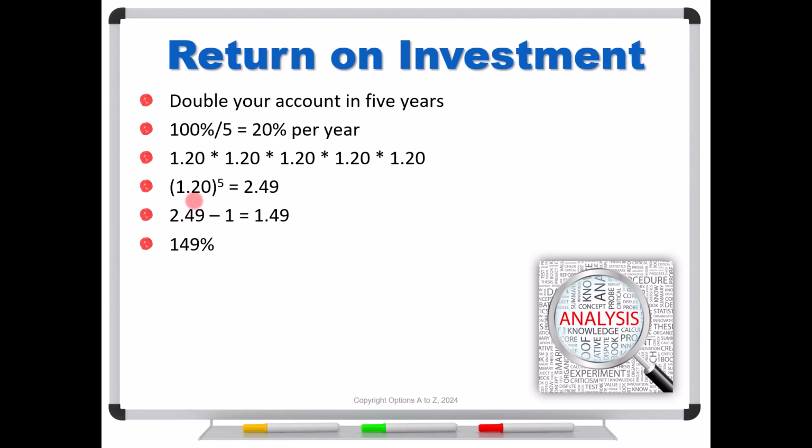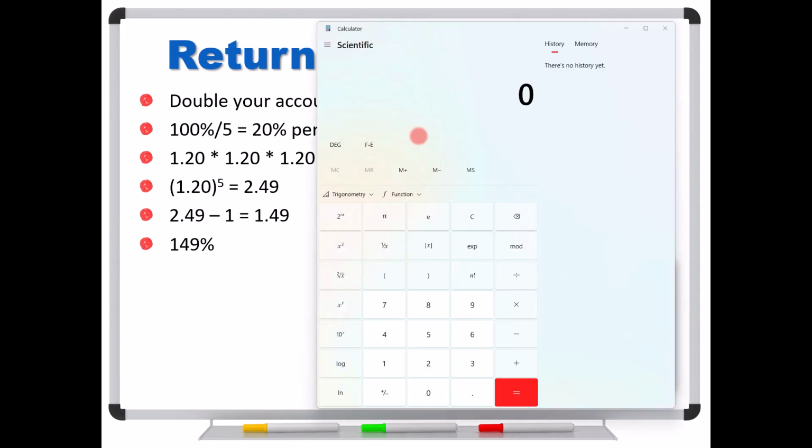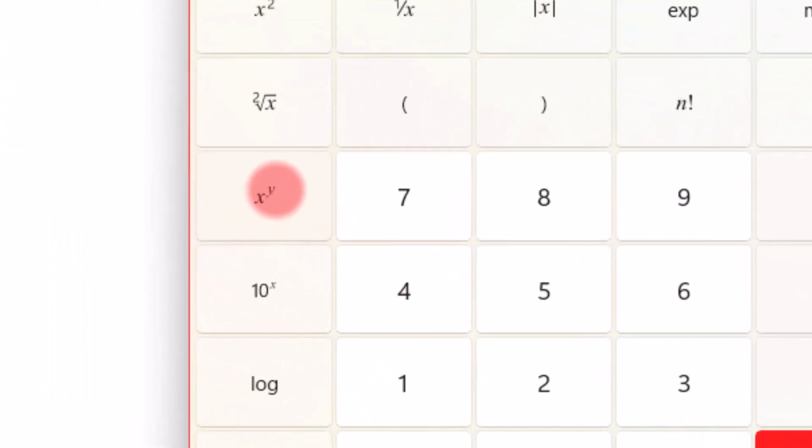So before we go any further, let's take a look at how to do this calculation right here. You can do it on pretty much any basic calculator. You can certainly use a desktop calculator. So for example, let's just take 1.2. I'm going to hit this key, that little x raised to the y. That's saying take some number raised to some other number.